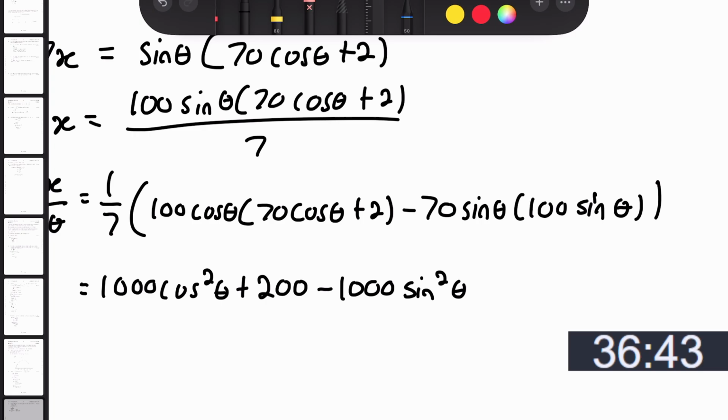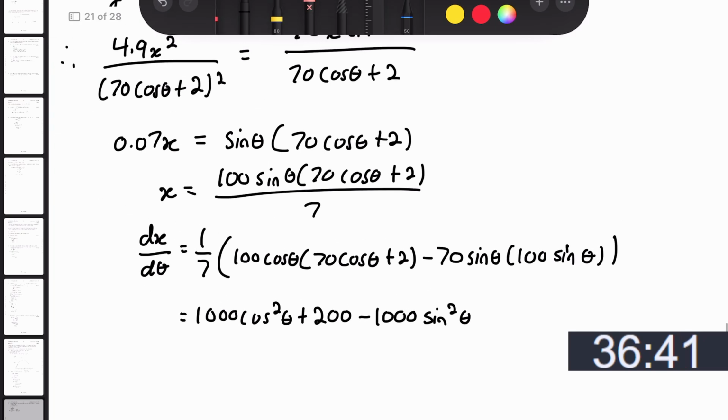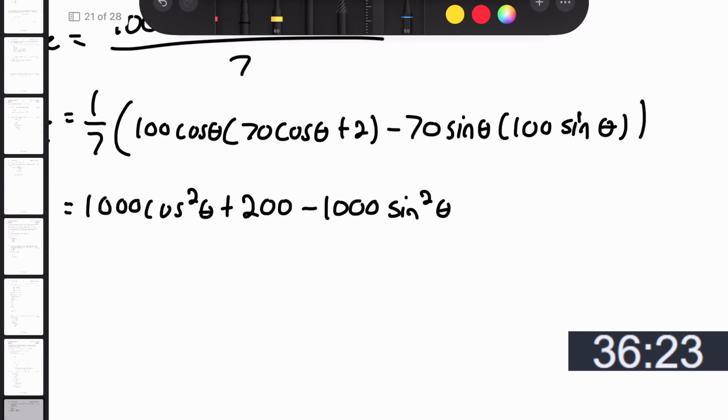Let me see if I'm cooking on that. So differentiate 100 sine of x, 70 cosine of x plus 2, all on 7, standard in radians. So 7000 cosine of x plus 200 cosine of x.